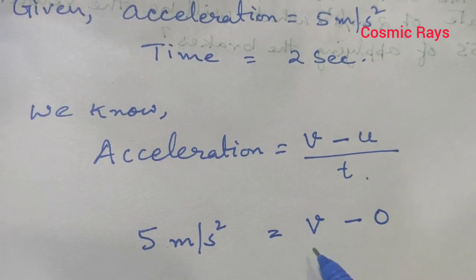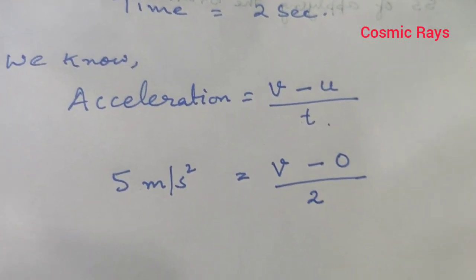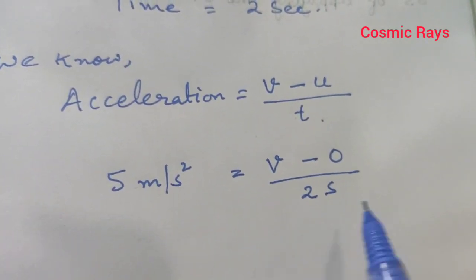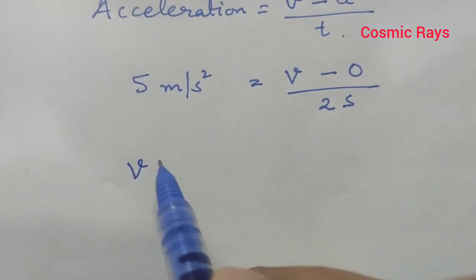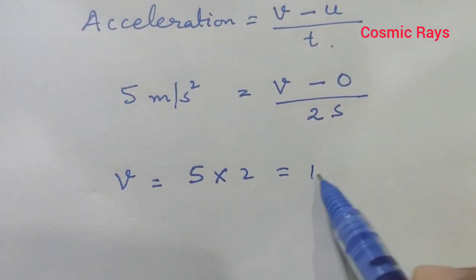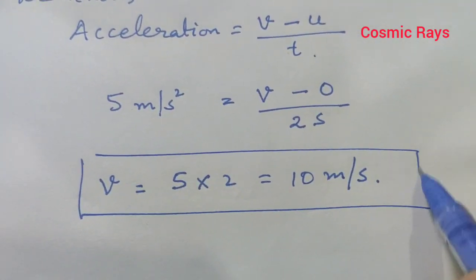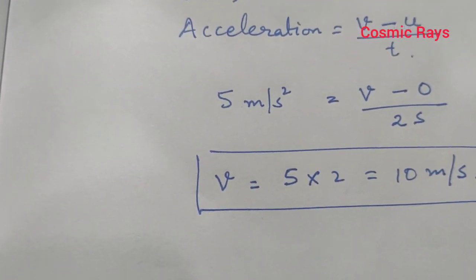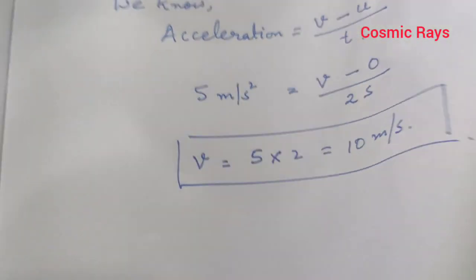Initial velocity is 0 upon time taken is 2 seconds. When we cross multiply, we will get the final velocity as 5 into 2, that is 10 meter per second. This is the answer. Final velocity is 10 meter per second.